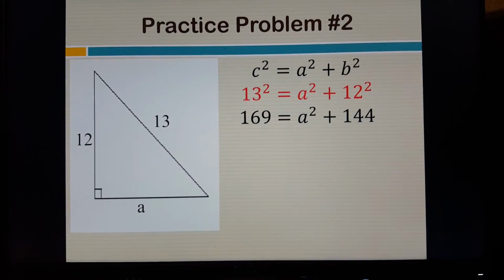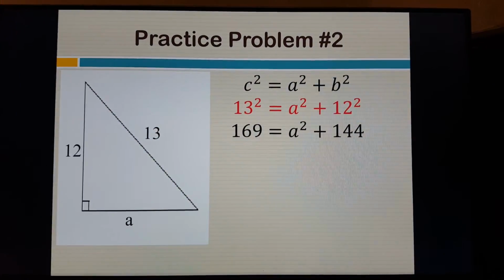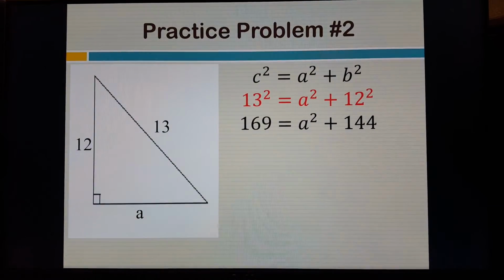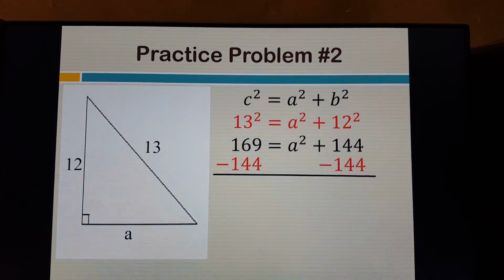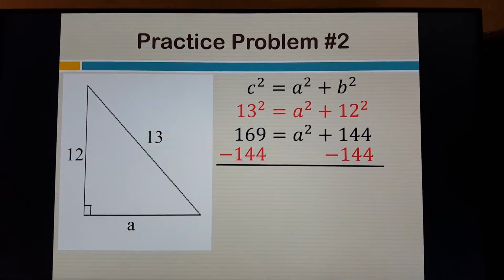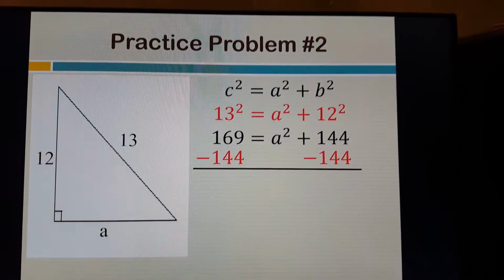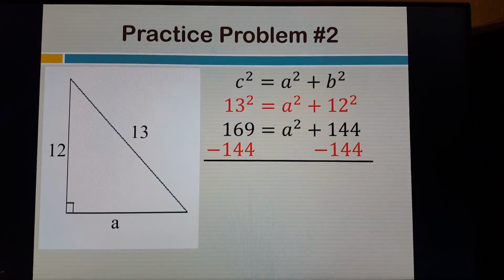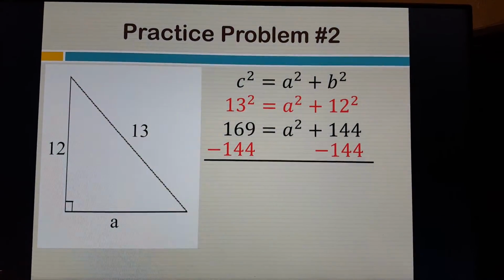Take the square of 13 and you get 169. If you take the square of 12, you get 144. And then you leave the A squared alone for now. The next step, you have to move the 144 to the other side of the equation. Because it's added on to the A squared, you have to subtract it from that side, leaving you with 0.